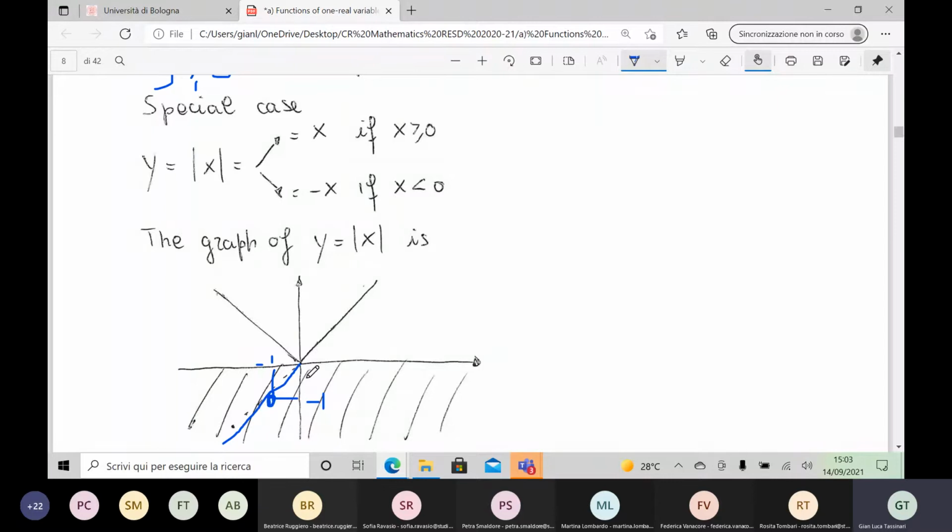So this is, I repeat, the graph of y equal to x, which is the graph of y equal to minus x. X is minus 1. The graph of minus x, when x is equal to minus 1, will be minus 1. That is, will be this point. What I want to tell you is, when the function here assumes value minus 2, for example, then you go below until you touch here, and then you find here the point.